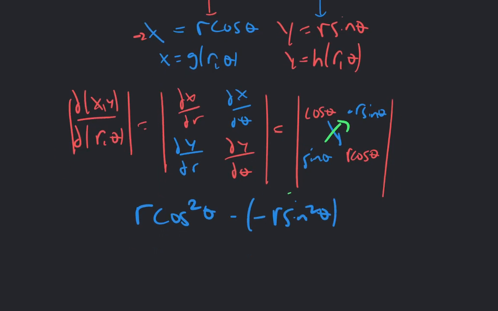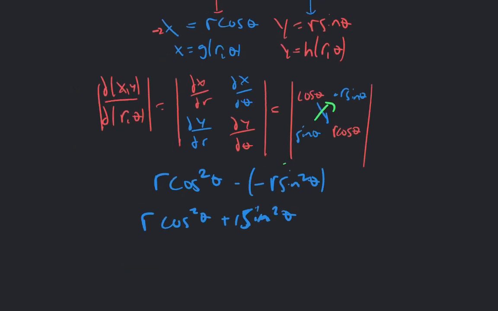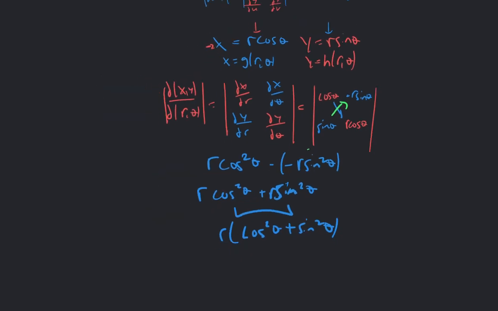And this gives us r cosine squared theta plus r sine squared theta. These terms are just going to be 1, that should be pretty obvious, so you cross that out because that's just equal to 1.